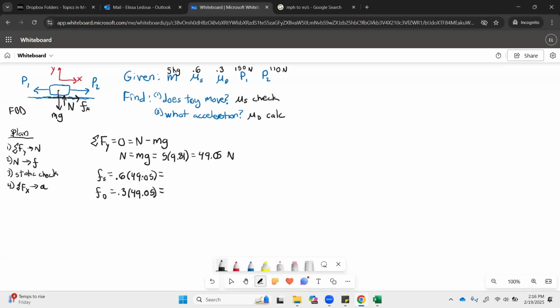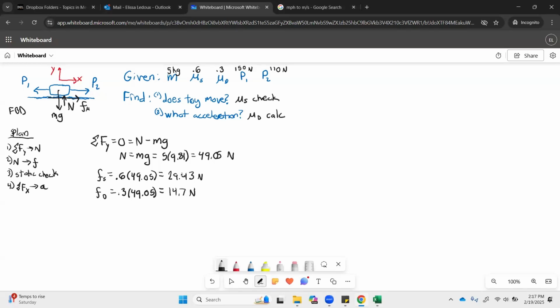So plug that into a calculator. And 29.43 newtons is the static friction. And then the dynamic friction should be about 15 newtons. So what do y'all get for that? Yeah, 14.7. 14.7 newtons for dynamic.